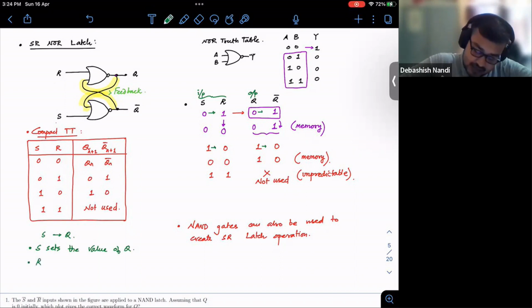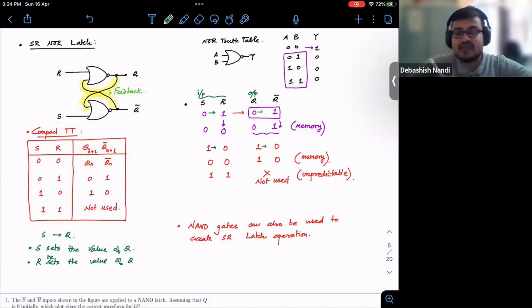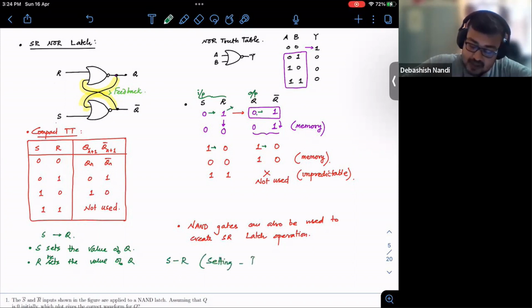And when R sets, or I would say resets the value of Q, that means when R is high, output is 0. Fine. So this SR actually comes from the term setting and resetting. Okay. So this is how your SR latch works.